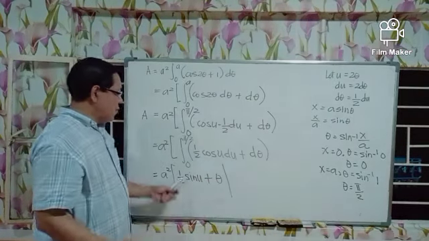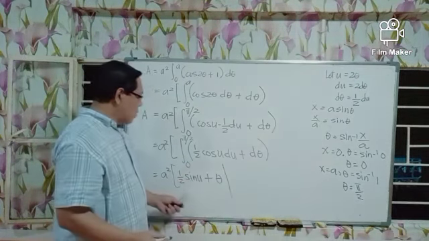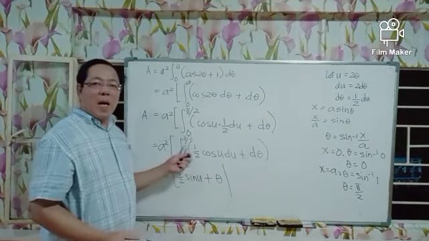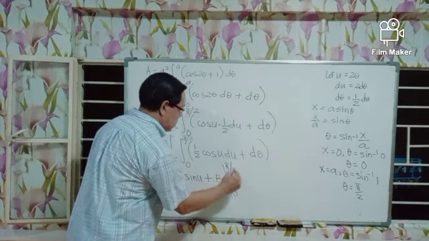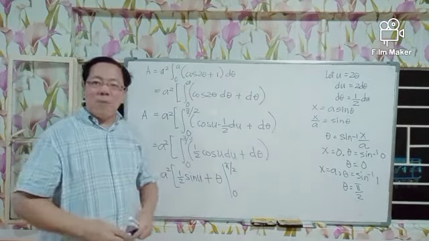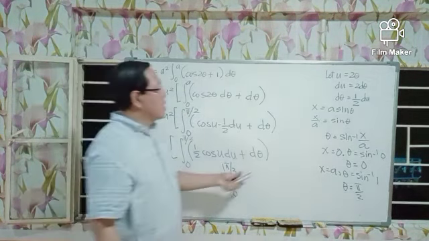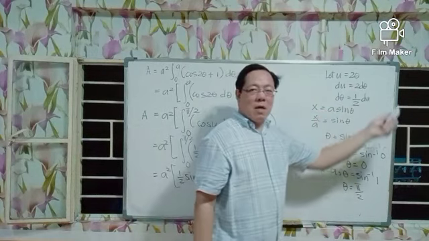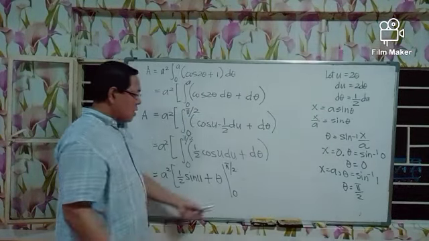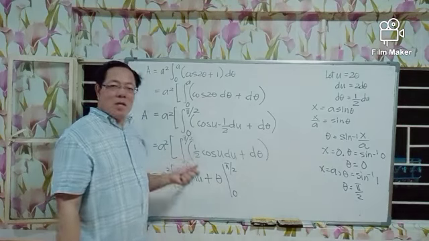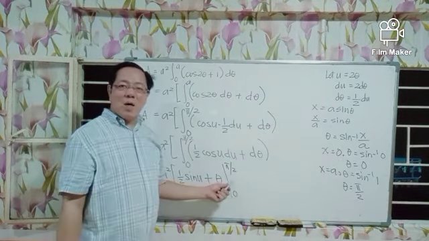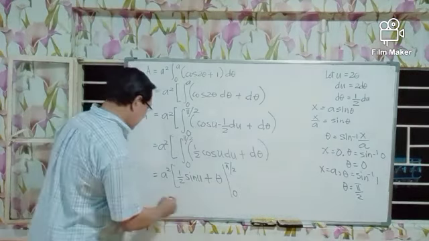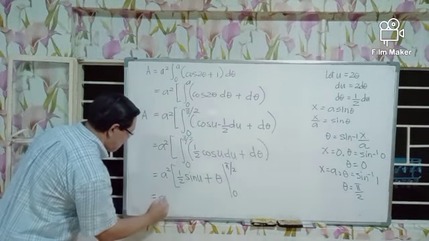And since we have integrated both terms, we now evaluate this sum from 0 to pi over 2. But before we do the evaluation, we replace u with 2 theta, because the limits of integration are now values of theta from 0 to pi over 2.